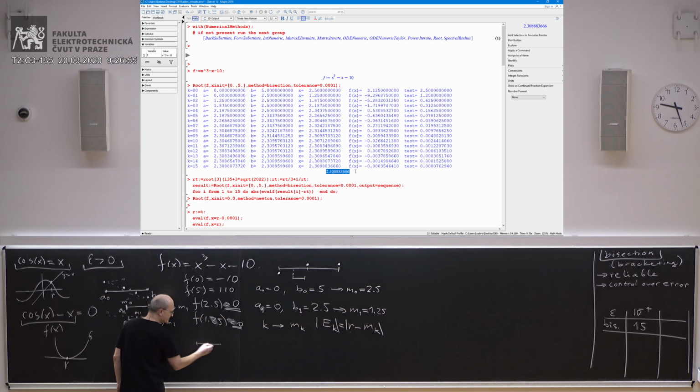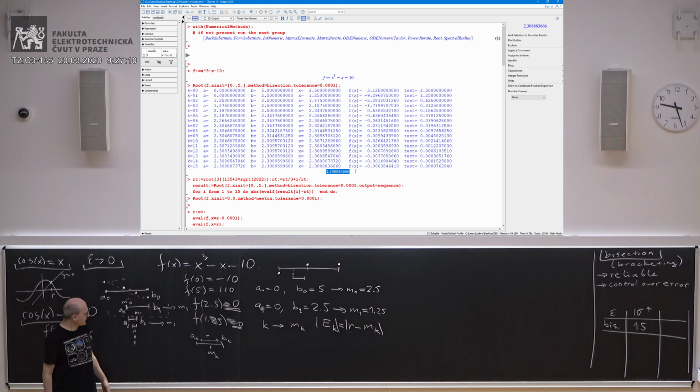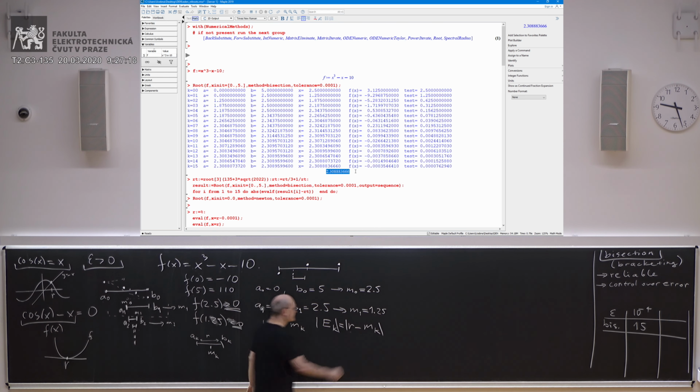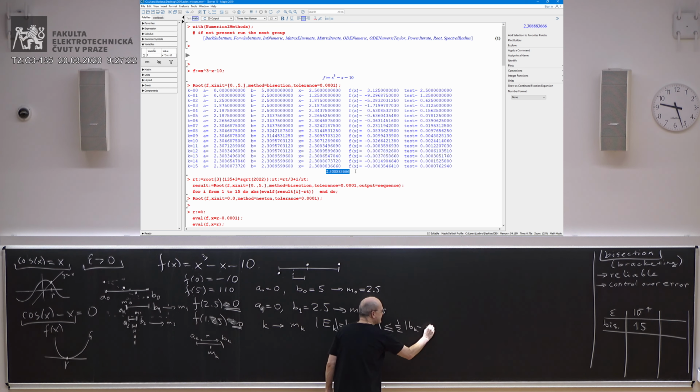Well, there must have been an interval called a_k and b_k, and m_k is the middle of it, the midpoint. Now, we know for sure that the root is somewhere here. So if we offer m_k as the approximation, then the largest error that we are making is just half of this interval. So the actual error is less than or equal to 1/2 of b_k minus a_k.